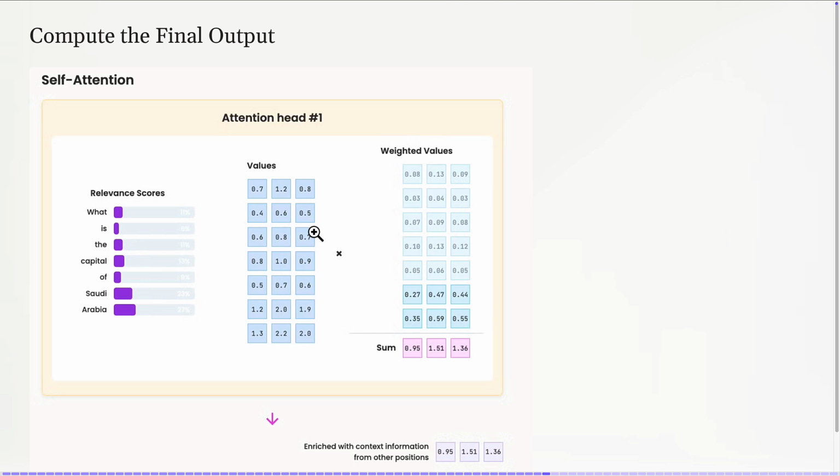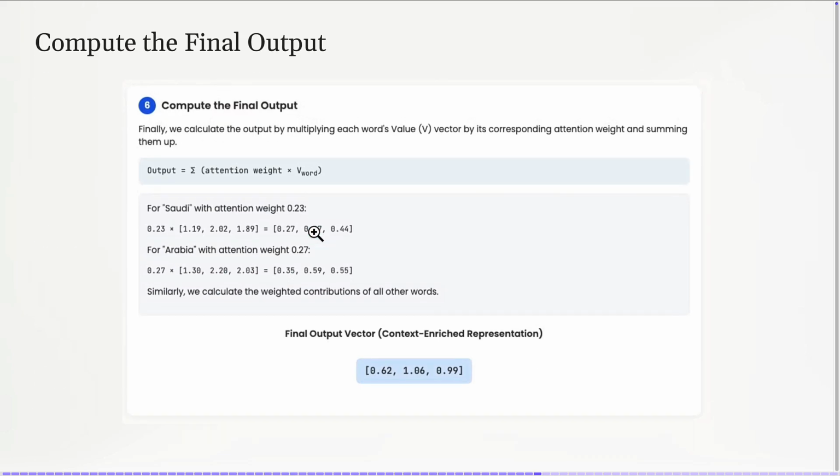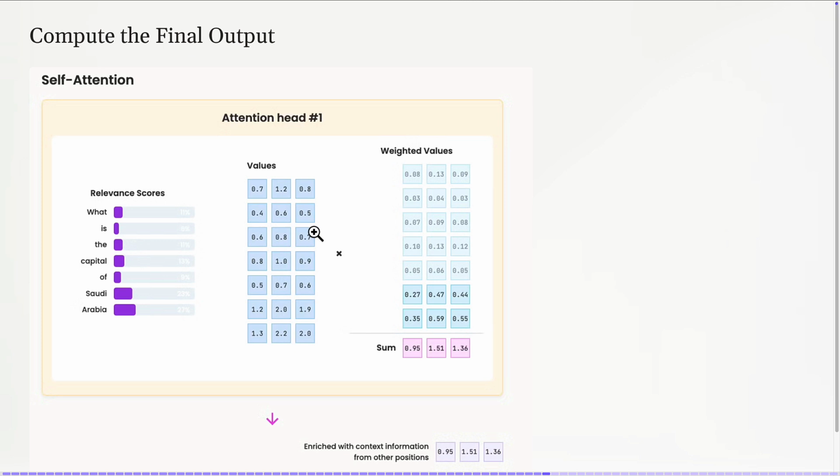This is the value matrix. And finally, we get weighted values. We sum them, and this represents the context-rich information, which is basically the same as this. This is just a summary of everything we've done in one simple block that we call the self-attention module.